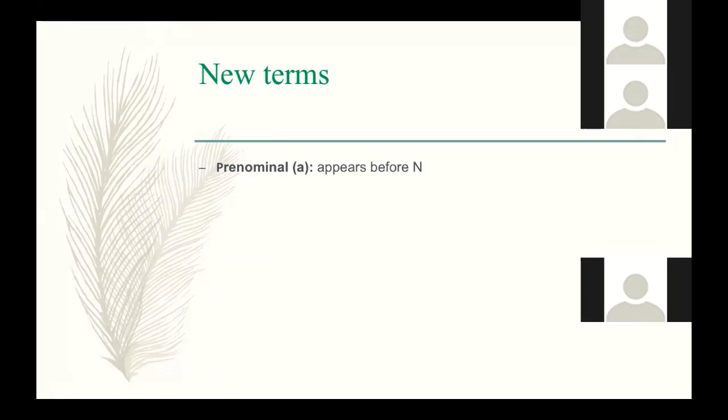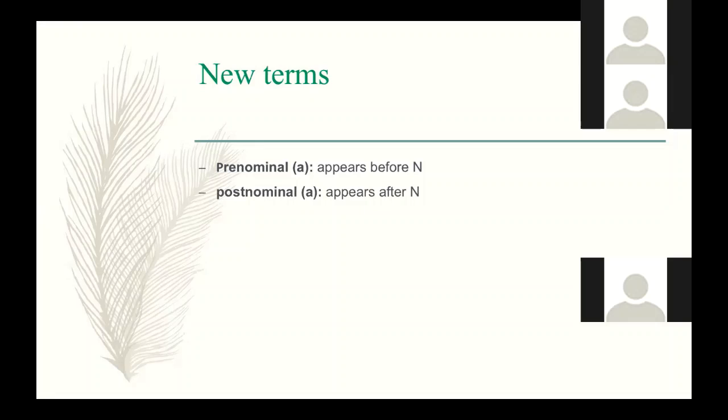You can guess from your morphology knowledge, we have pre, which means go before, and nominal is an adjective from noun. So if we have something prenominal, it means that it appears before the noun. So if we have a prenominal complement, the complement will go before the noun. And if we have prenominal modifiers, we have a modifier before the noun.